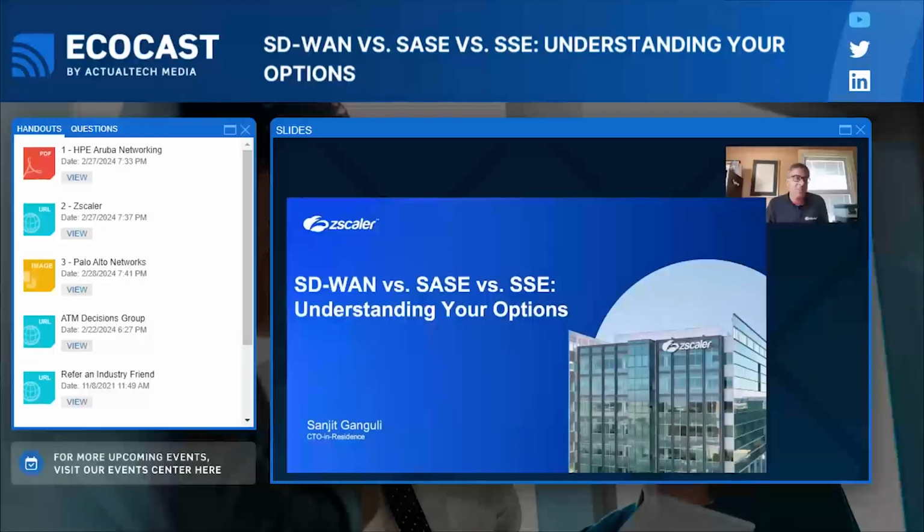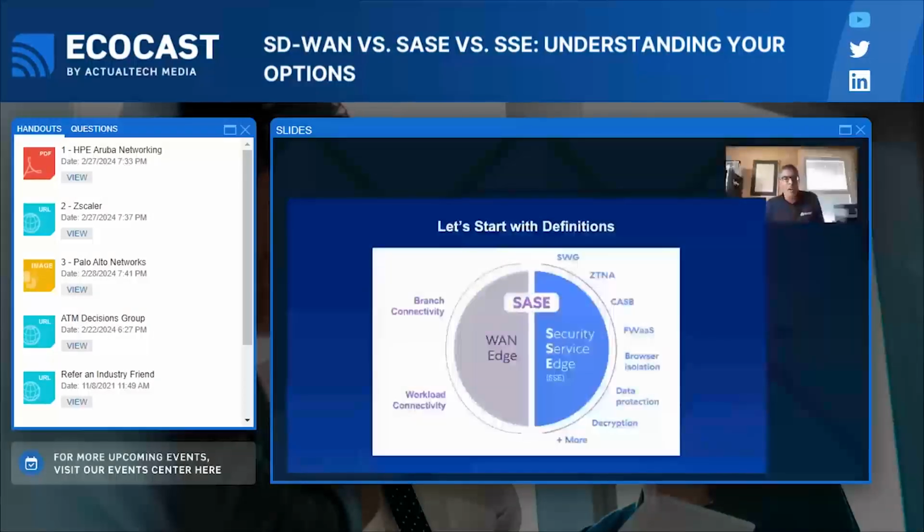So a brief introduction of what these definitions actually mean, and certainly my other presenters are likely talking about this as well. But when we think about this alphabet soup, these all fit together quite nicely in terms of SASE, SSE, and SD-WAN or WAN edge. Think of SASE as your secure access service edge, which is an amalgamation of the security service edge, SSE, and your WAN edge.